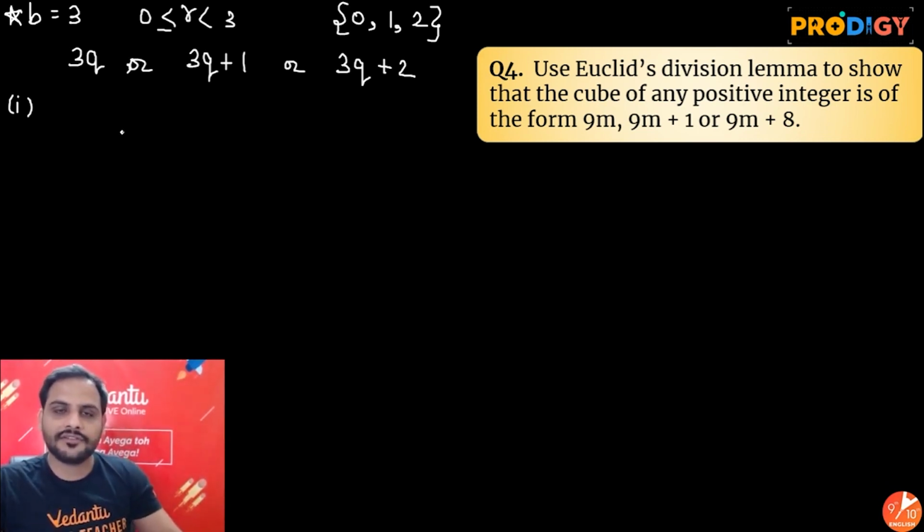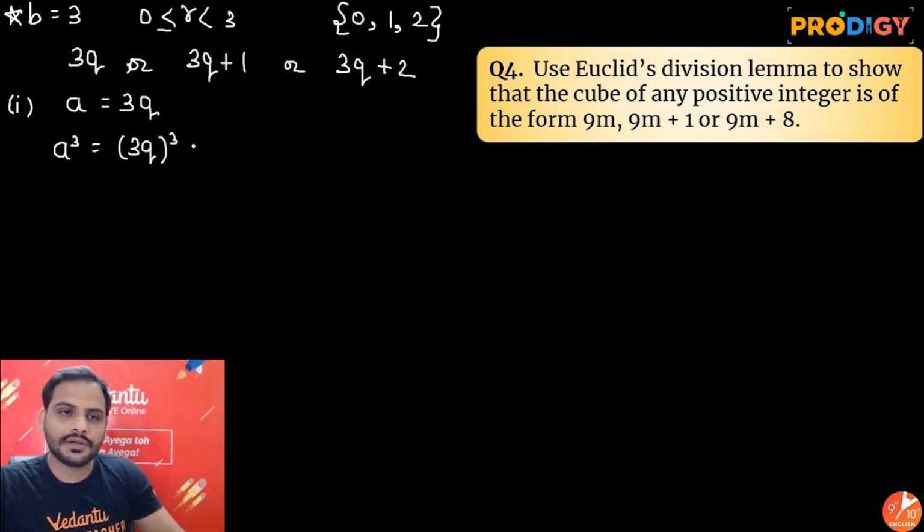So let's say first we have taken our number a in the form of 3q. If I do its cube, beta, it will be 3q whole cube, which is nothing but 27q cube. Now I want to create 9.